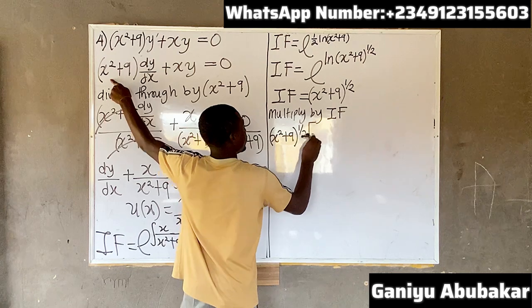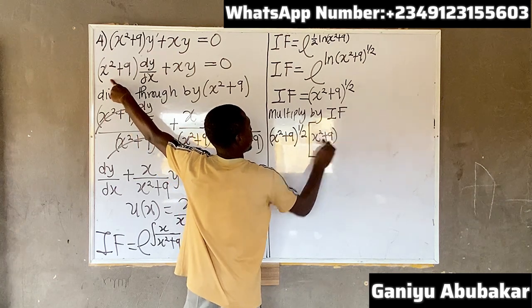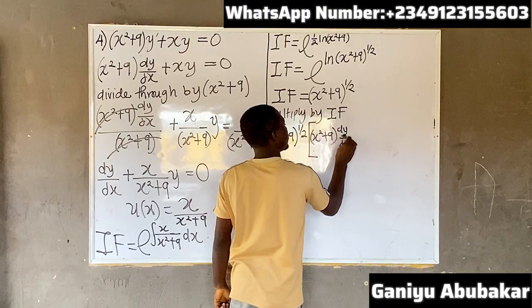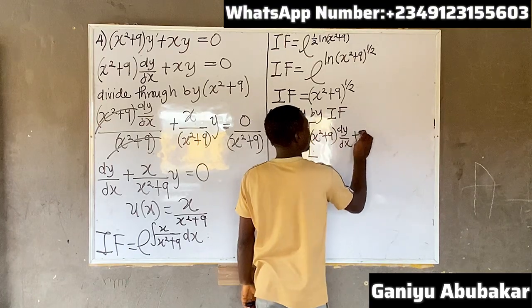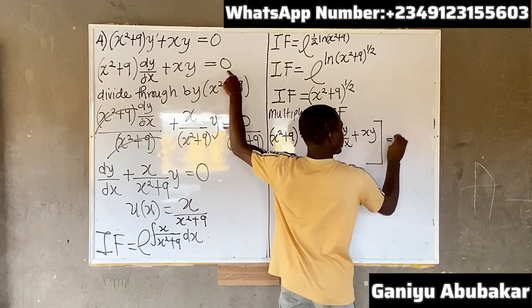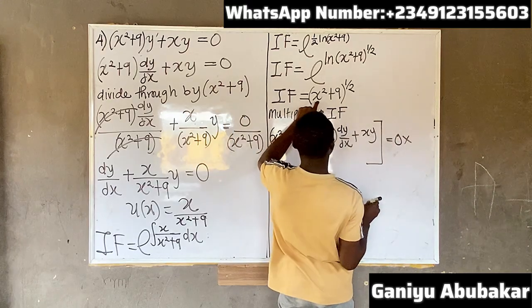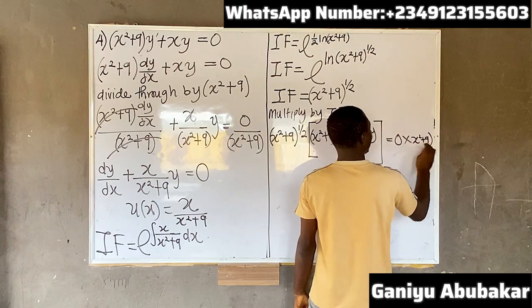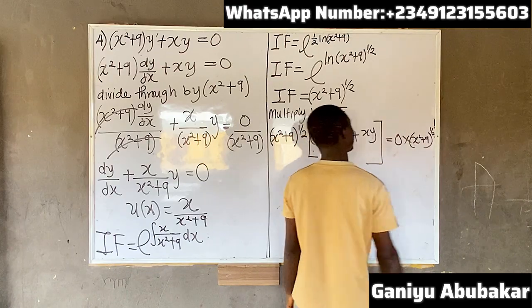This one gives you (x squared plus 9) dy/dx plus xy, and I have this equals 0 times the integrating factor. That gives you (x squared plus 9) all to the power half.